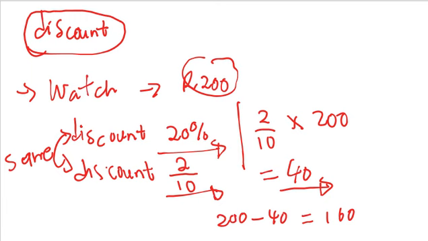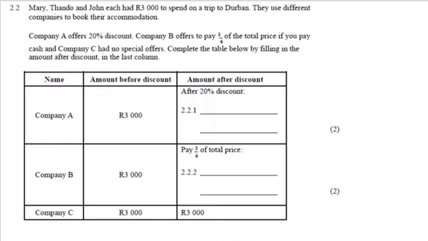Now let us look at the problem that I wanted to discuss before anything goes further. The question says Mary, Tando and John each had 3,000. So these people have 3,000 to spend on a trip to Durban.